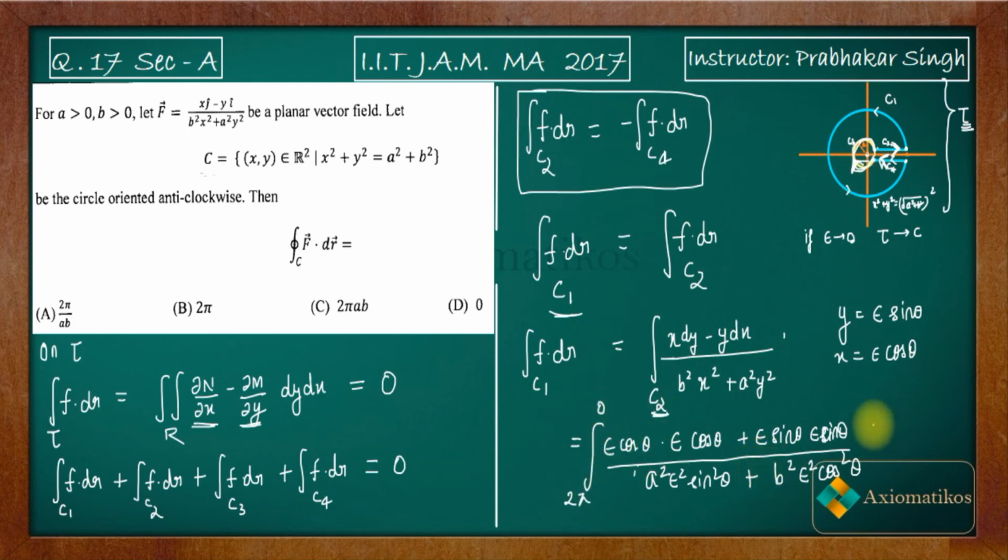All right. So now see, on the numerator, epsilon square will be cancelled out and we will get 1 on the numerator side. So finally your integral will turn out to be this a square sine square theta plus b square cos square theta. So now let us not make this video long.